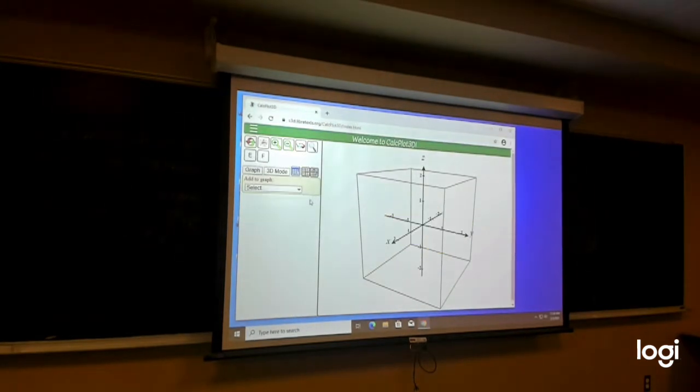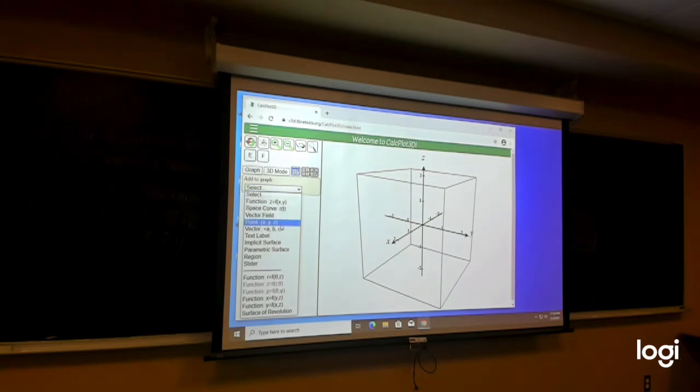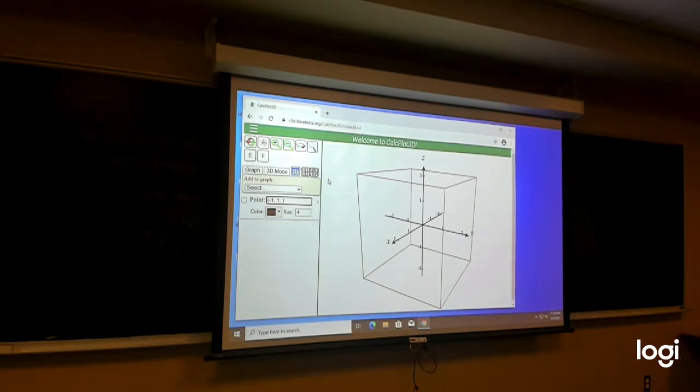Let's see what happens if we first look at our point and our normal vector. I'm going to plot the point 1, 5, 3. I'm going to make it blue because I like the color blue.